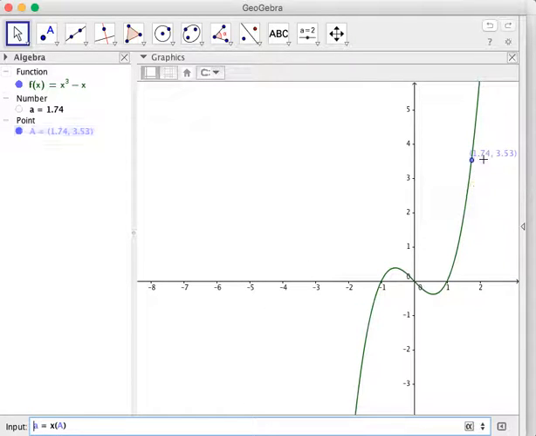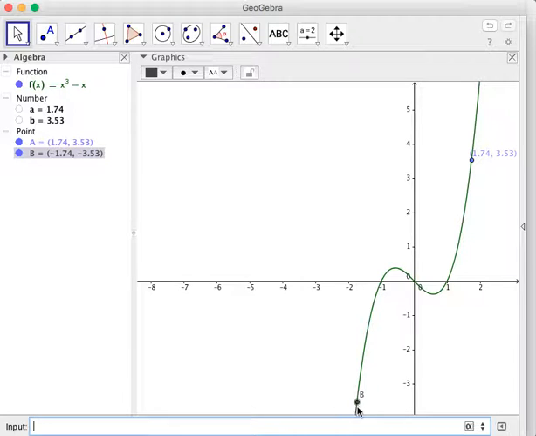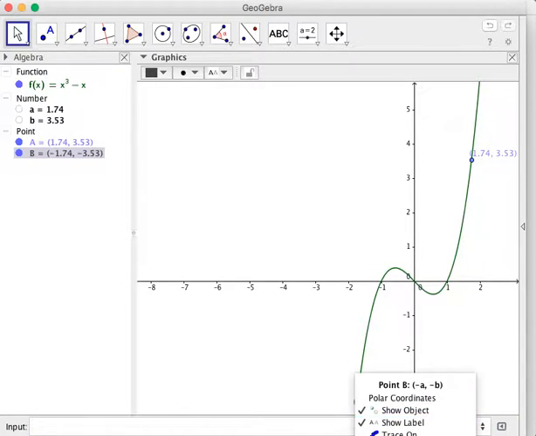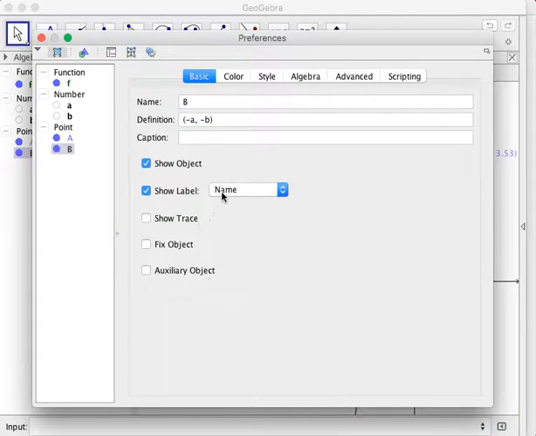So, kaya siya 1.74 dito, 1.74 dito. Tapos ang b, we can have the y coordinate of a. And then we create another point, which is negative a, negative b. Diba kukunin natin yung negative nito? And then we'll have that point. Okay? So, yan yung ating point about the origin.